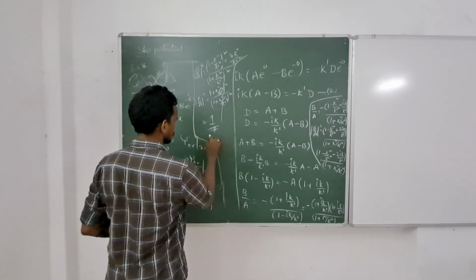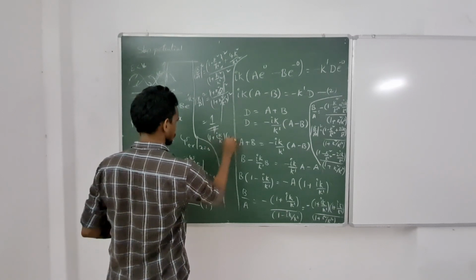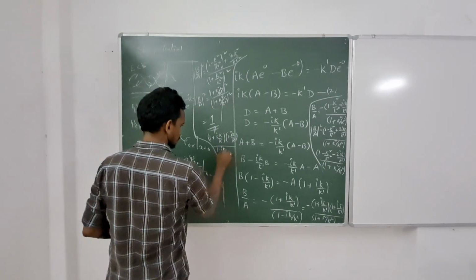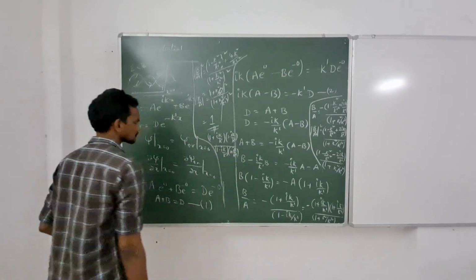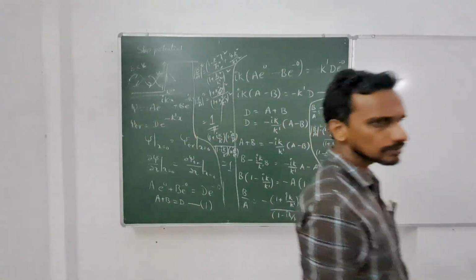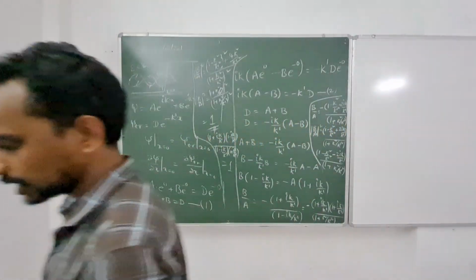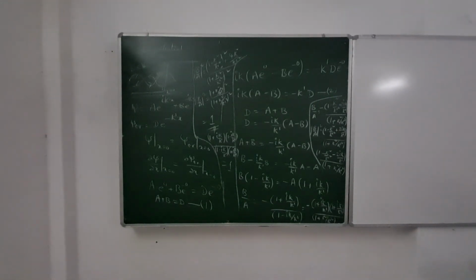So what I am doing: 1 plus ik by k', 1 minus ik by k', 1 minus ik by k', 1 plus ik by k'. We'll see later. In the next problem also, if that works, it's okay.